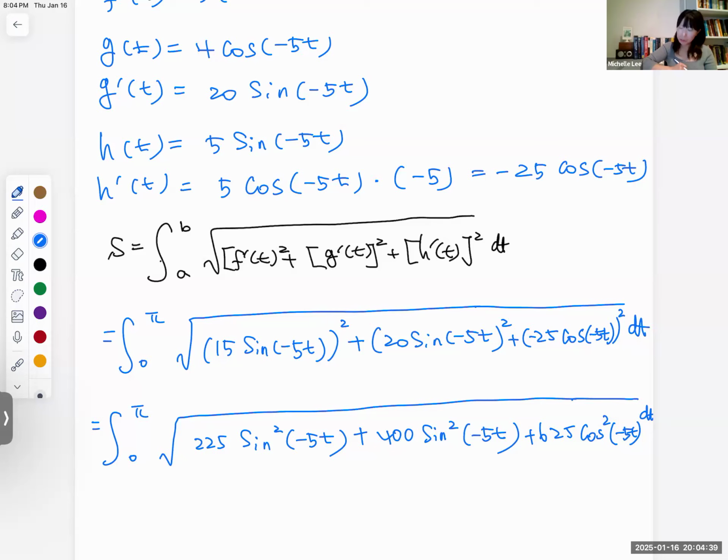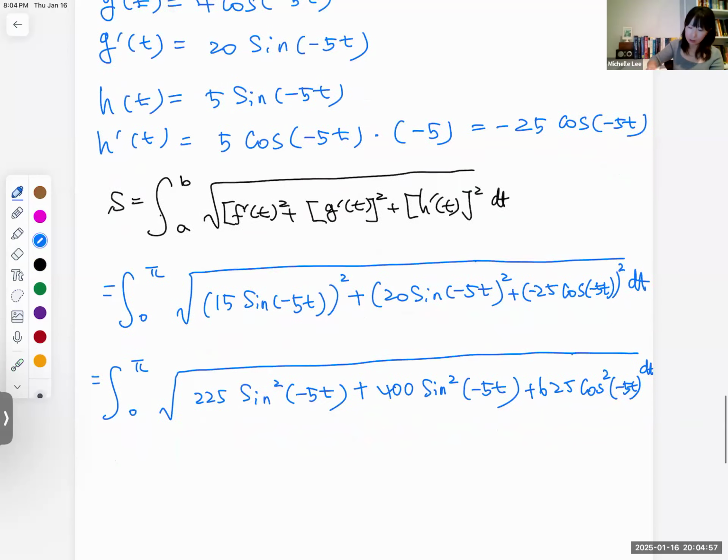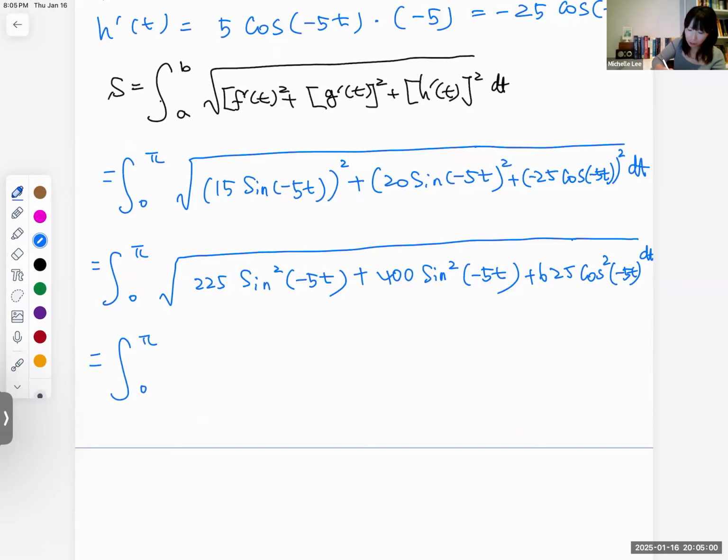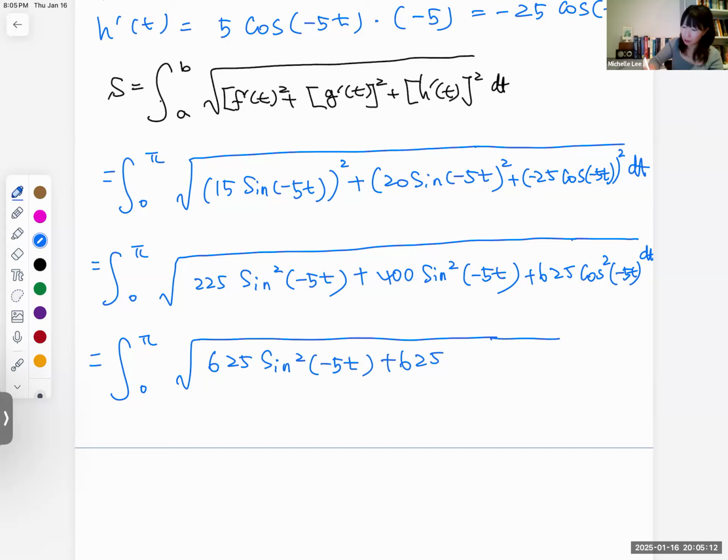Let's combine like terms. This is a like term, right? So 225 plus 400 is 625 sine squared negative 5t. Then we have this. So there will be the integral from 0 to pi of 625 sine squared negative 5t plus 625 cosine squared negative 5t dt.